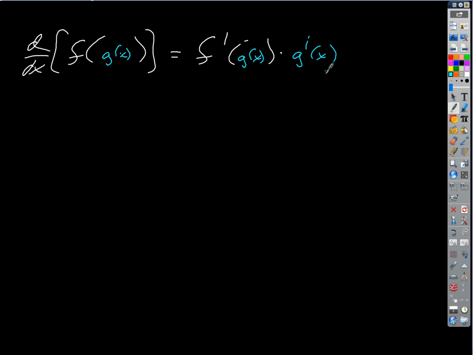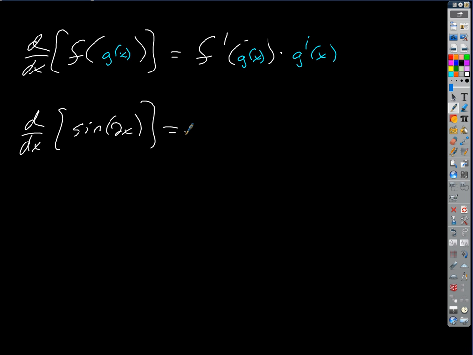Okay, so then let's apply this to what we just did. If I'm taking the derivative with respect to x of sine of 2x, what's this saying? It's saying that I'm going to take the derivative of the outside function, which is sine, with respect to whatever's inside, times the derivative of what's inside.